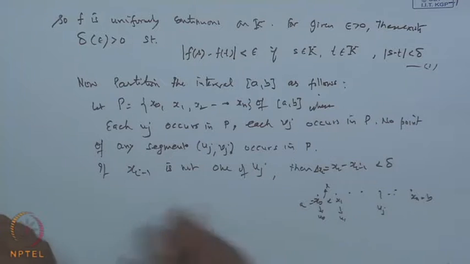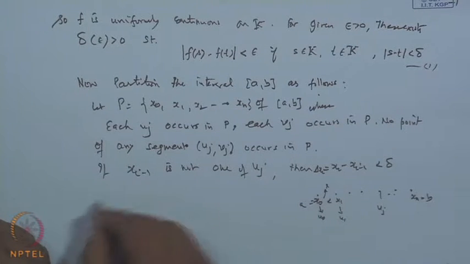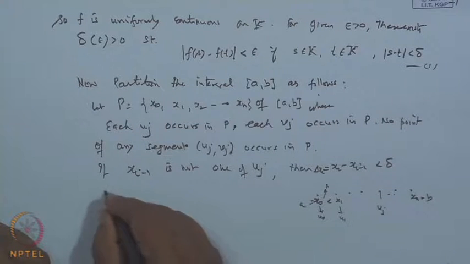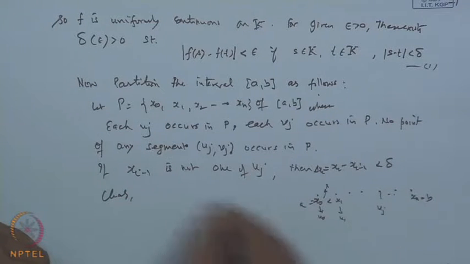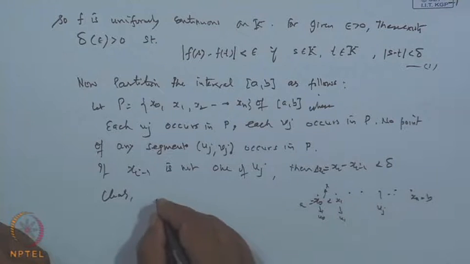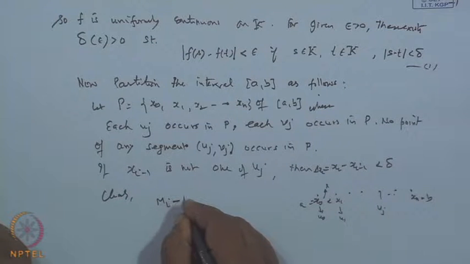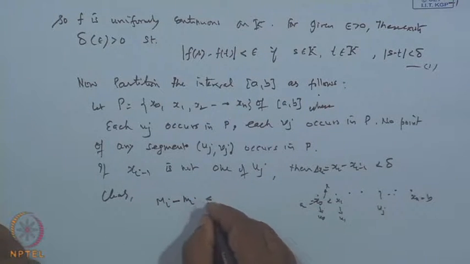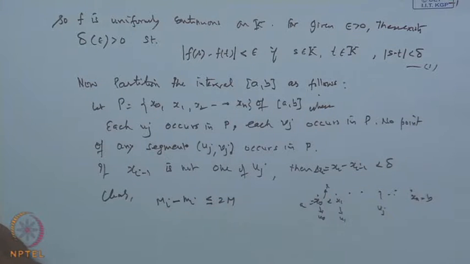So, let us see, suppose we take any interval, clearly over any subinterval, Mi minus mi will remain less than or equal to 2M. Why? Because what is our M?